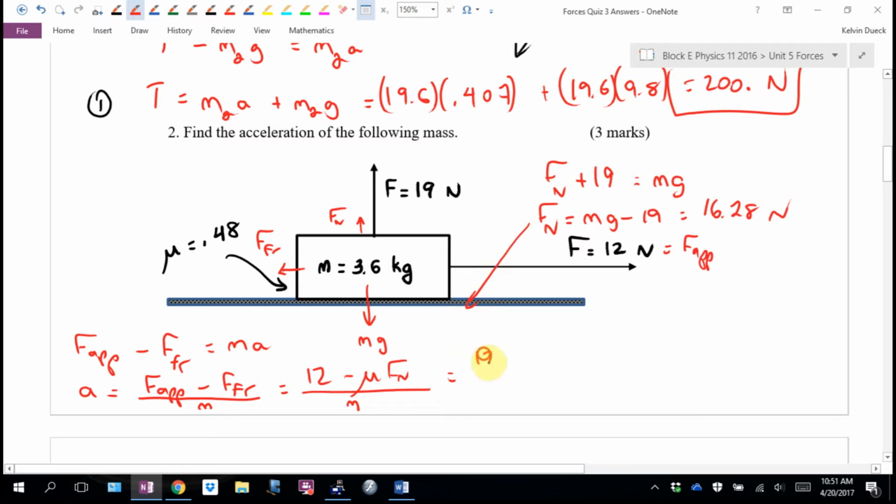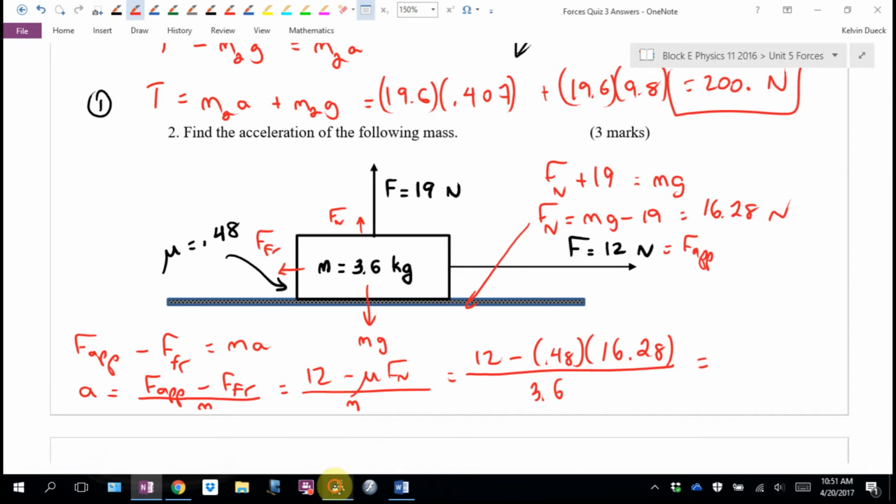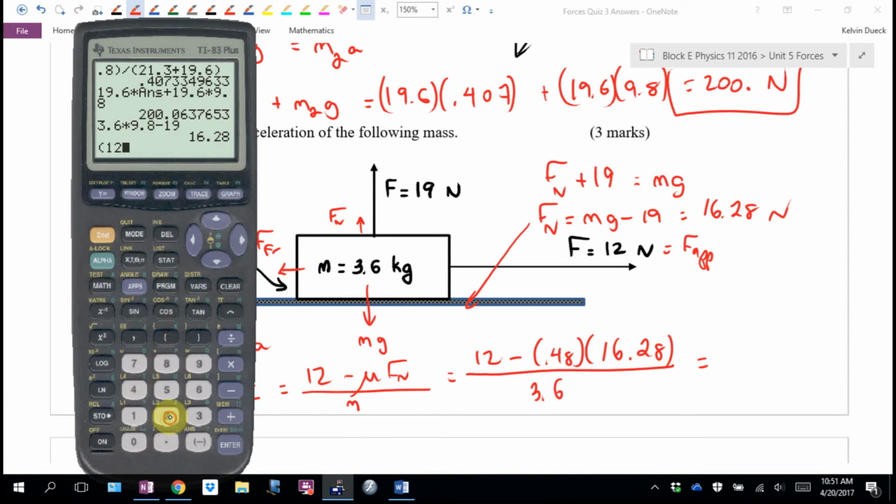And that is going to go down here. It's going to be 12 minus, coming back to you now, Patrick, what's mu? 0.48. Times the normal force, which in this case is 16.28, divided by M, 3.6. Cool. I don't know what the answer is going to be here. 12 minus 0.48 times, I don't need to multiply by mass.